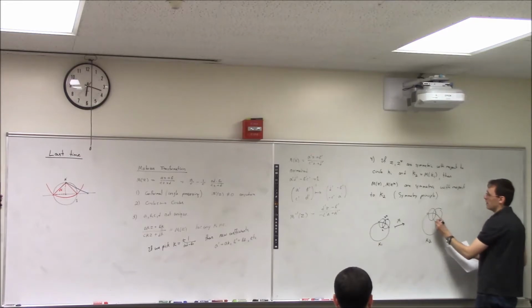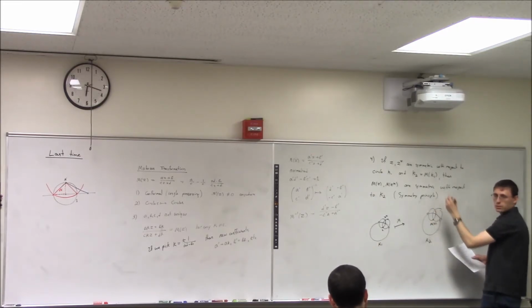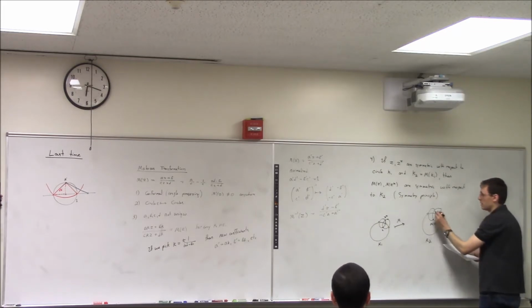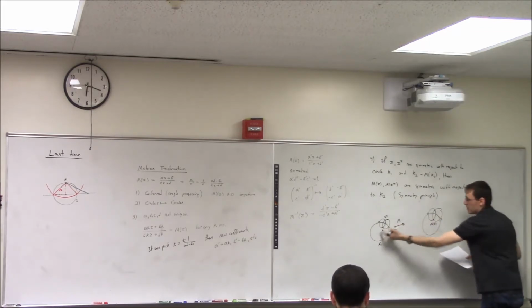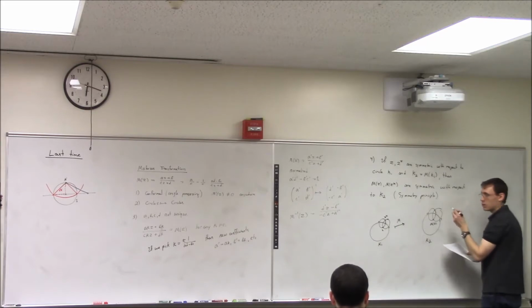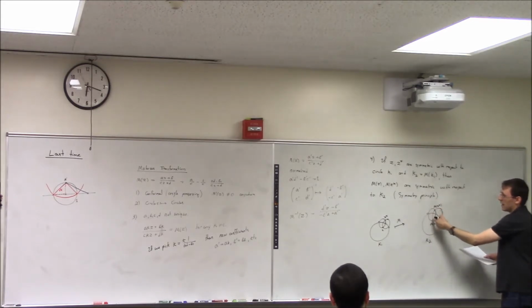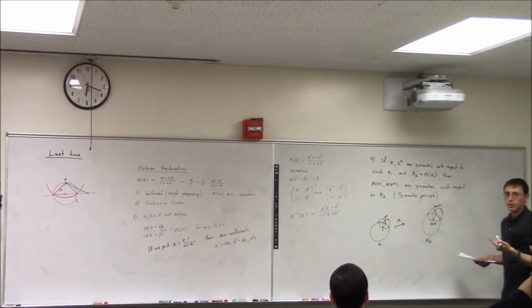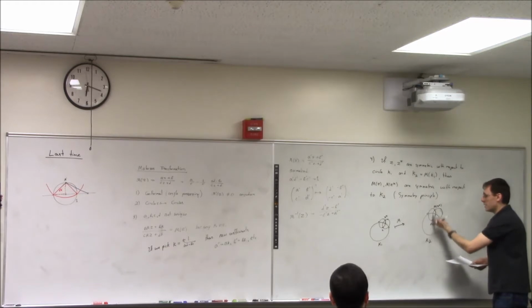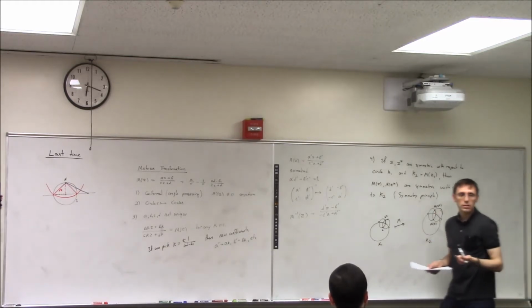And this is M of Z, let's say. It could be that M of Z is here, I don't know what the Mobius transformation is doing, but possibly it's mapping the inside to the inside. We're actually going to talk about it in a moment. And this is M of Z star. Because they lie on the intersection of two orthogonal circles, they must be inverses with respect to K2. Yes?